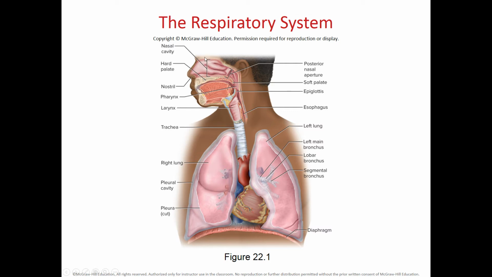In the upper respiratory tract, anything above the larynx, we will have the nostrils and also the nasopharynx, which is this, the oropharynx, which is found in here, and the laryngopharynx, which is found in here, and of course the larynx. Below the larynx, we have the structures of the lower respiratory system, which will be the trachea, the bronchi and its branches, and the lungs and the pleura, the membranes that protect the lungs.